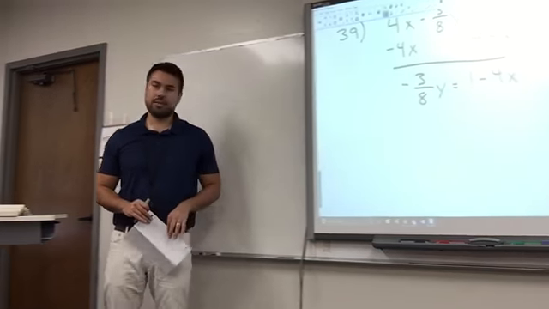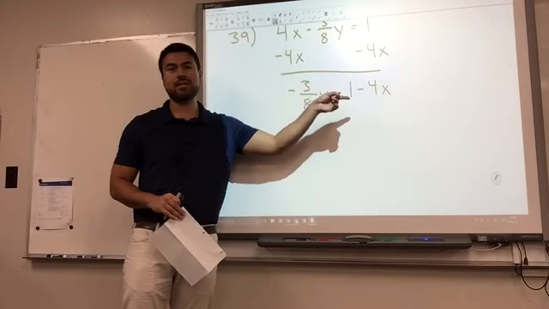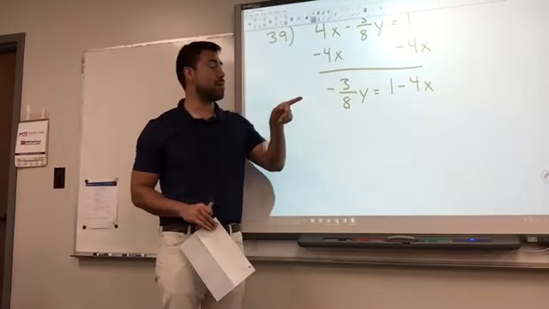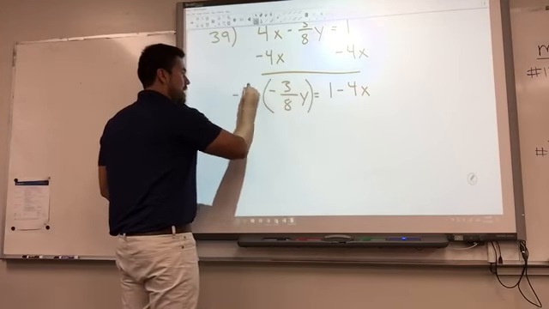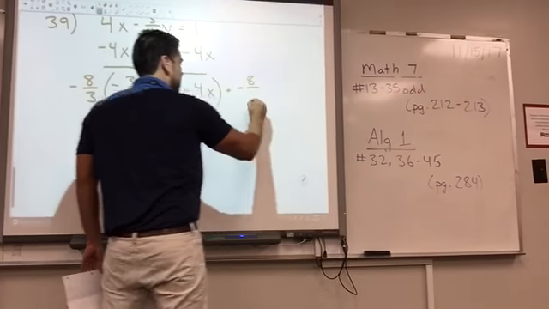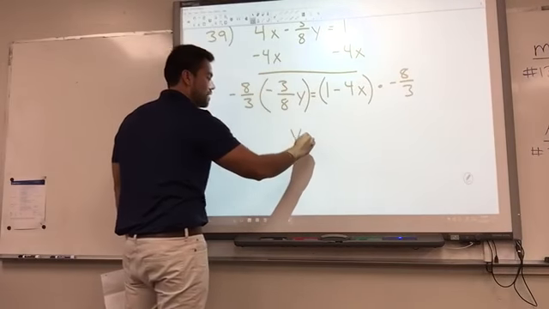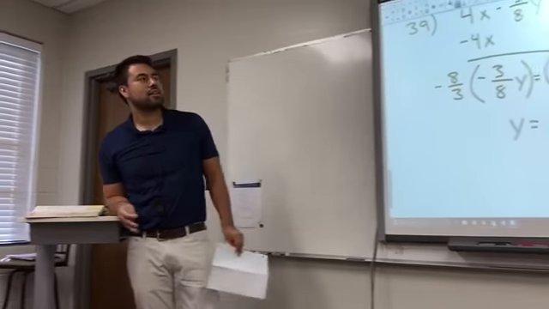And then this is a tricky part. You could get rid of the negative 3/8 by dividing both sides by negative 3/8 or by multiplying by negative 8/3. So I'm going to multiply both sides by negative 8/3, because doesn't that get rid of the negative 3/8? So you're left with y on the left, which is good. But you must be careful on the right.